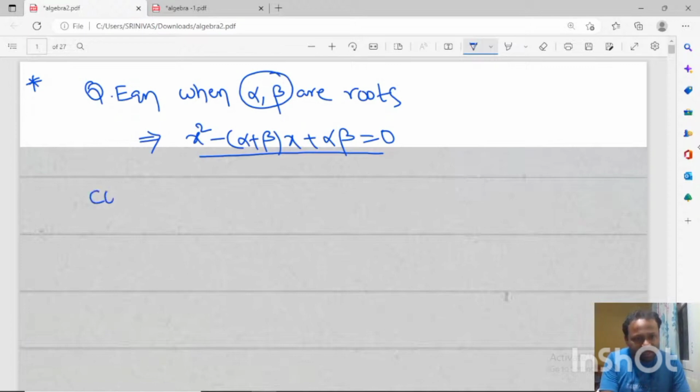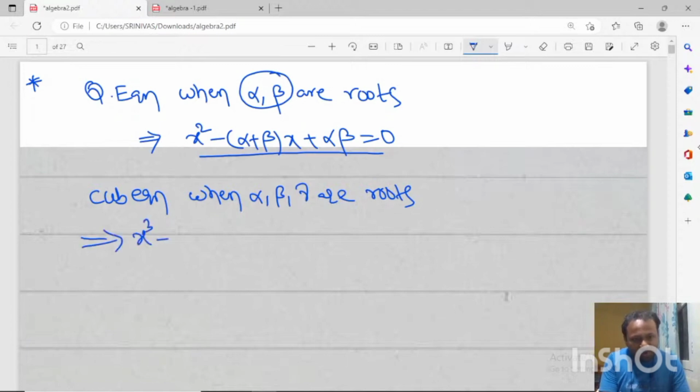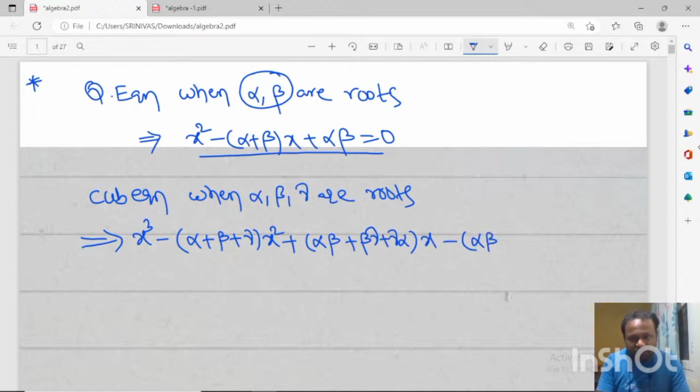Then in cubic equation, when alpha, beta, gamma are roots, then what will be the cubic equation? X cube minus of alpha plus beta plus gamma into x square plus alpha beta plus beta gamma plus gamma alpha into x minus alpha beta gamma is equal to 0.